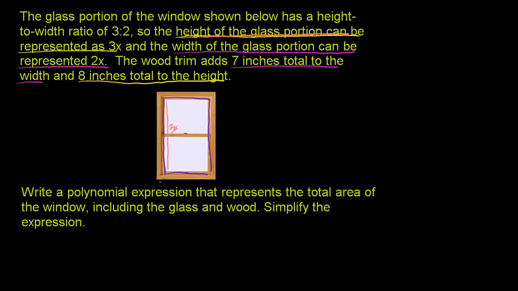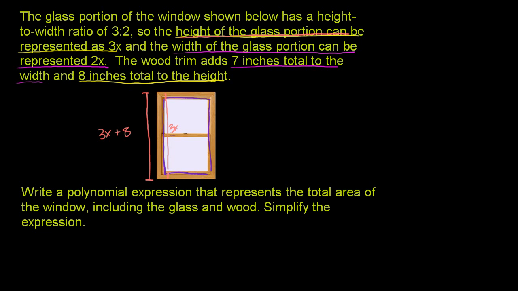So if you take that 3x and add the wood trim on either end, it adds 8 inches to the glass portion. The glass portion is 3x, so we're going to add 8 to it. So this height right here is 3x plus 8.